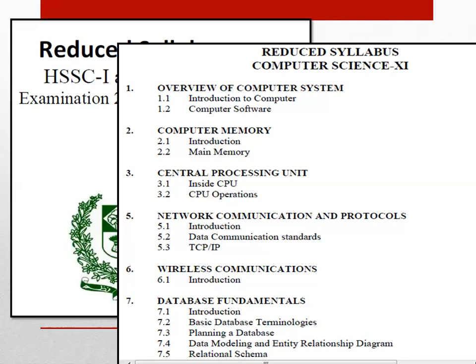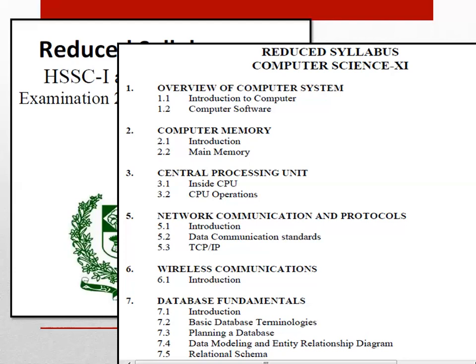And then we have chapter number 6, wireless communication. In wireless communication, we have 6.1 introduction. And then we have chapter number 7, database fundamentals. In this chapter, we have 7.1 introduction, 7.2 basic database terminologies, 7.3 planning a database, 7.4 data modeling and entity relationship diagram, and 7.5 relational schema.